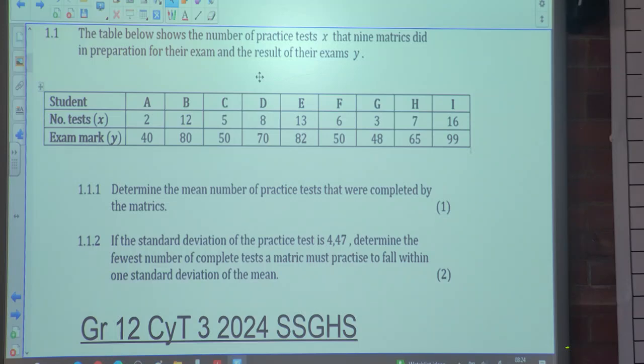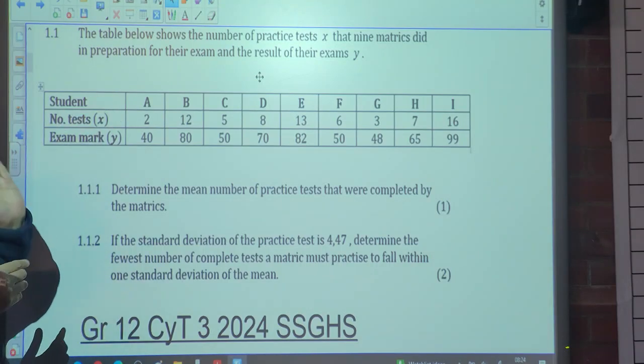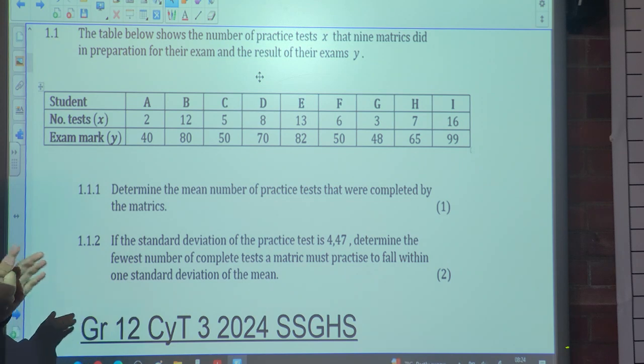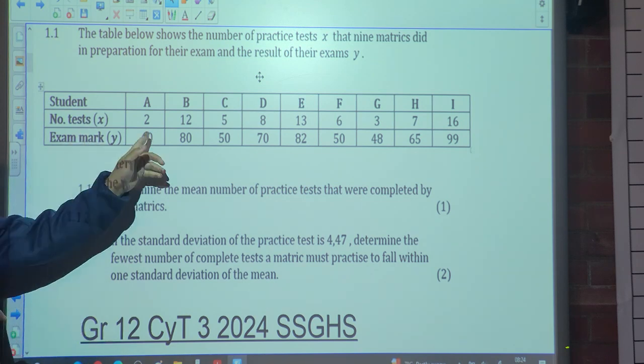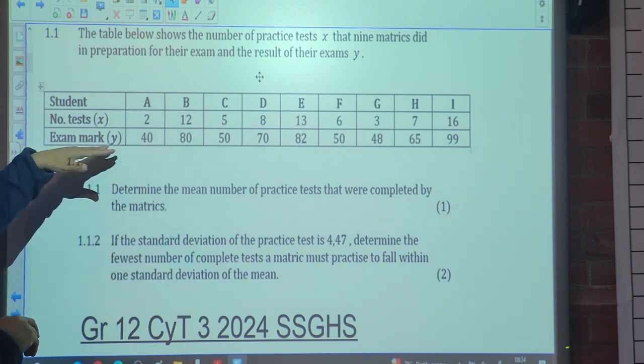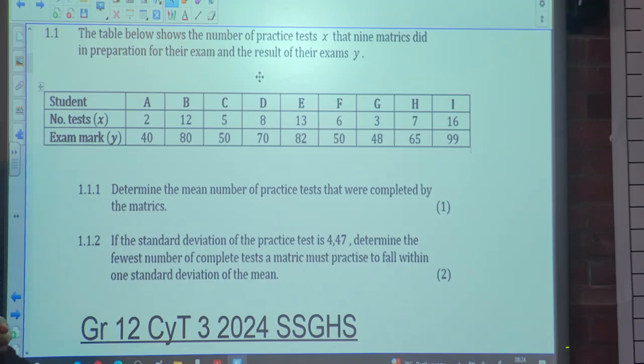I actually was looking for this question for a while and I found it for you guys. I could have put your names here, but I put A, B, C, D and so on. So, number of tests, you got 2 and so on, and then the exam mark, which is 1. Alright.